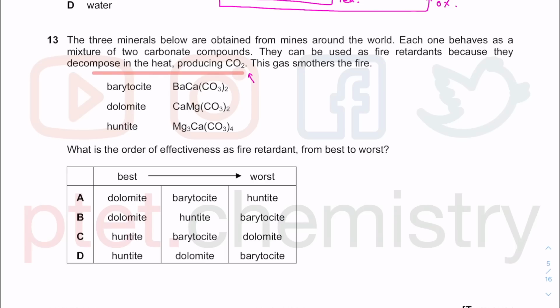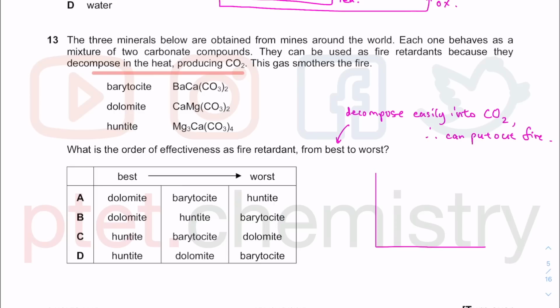So what is the order of effectiveness as fire retardant from the best to the worst? The best means it will decompose easily. The easier it is to decompose, the easier it is to get the CO2, therefore it can put out fire better. So this is about the thermal stability of the group 2 carbonates.